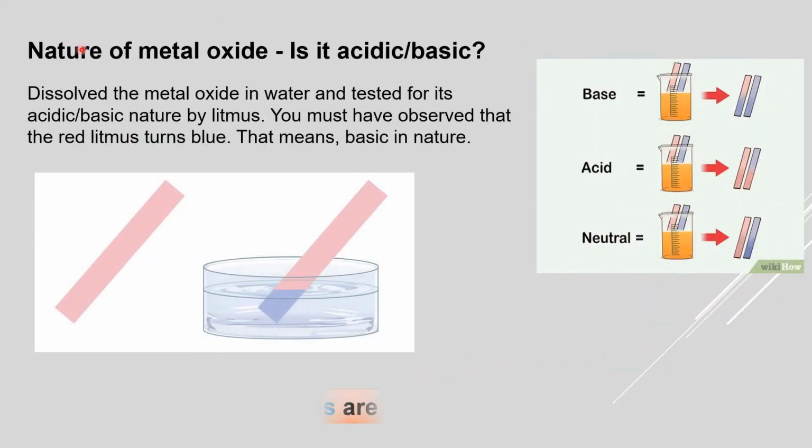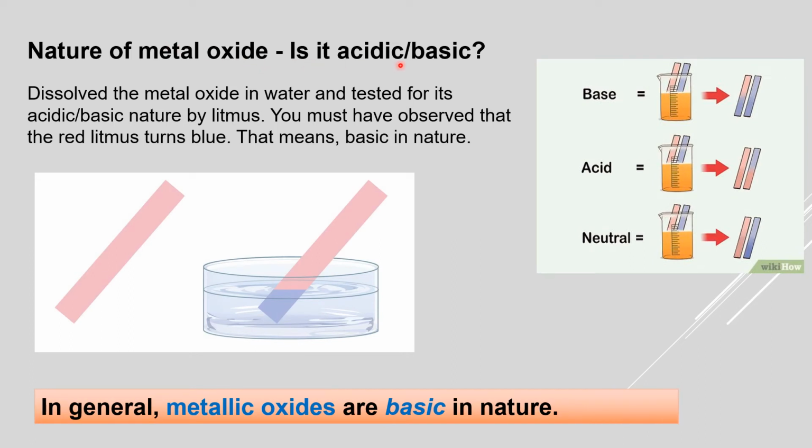Nature of metal oxide. Is it acidic or basic? So now we learned that generally a metal reacts with oxygen to form metal oxide. Clear, all of you? Metal reacts with oxygen to form metal oxide.